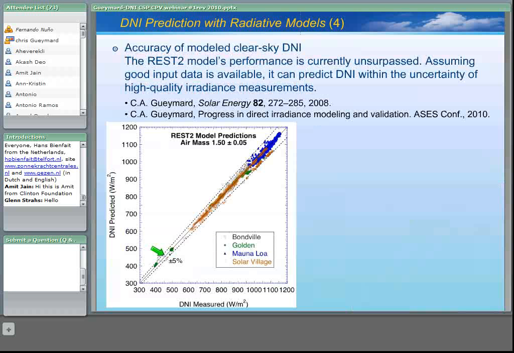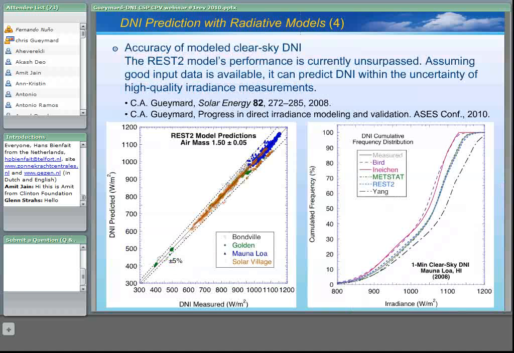So you see in general, I would say almost all the time, we are within 5% of the high quality measurements. The issue, of course, is to get the atmospheric data at 1 minute resolution, which is very difficult. But at least what that shows is that the model is itself good. So if you have good input data, you have good output data too.